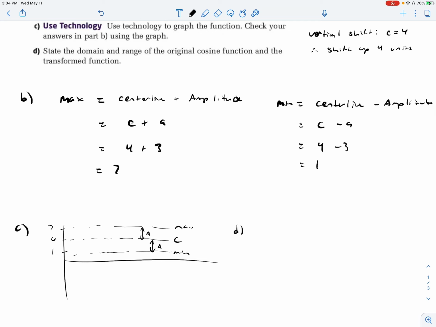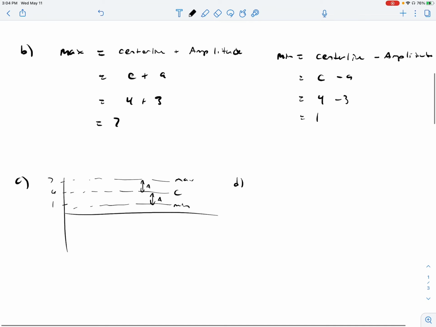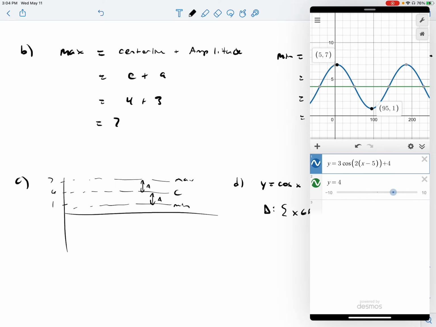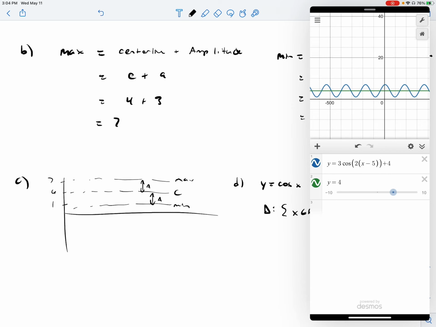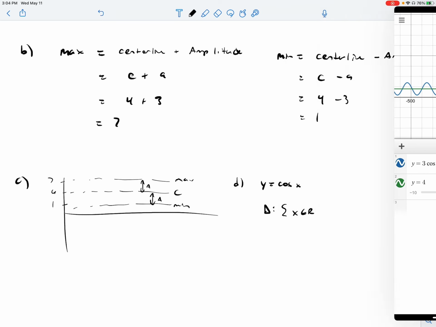Okay, part D: state the domain and range of the original cosine function and the transformed function. So for y equals cos x, the domain, we can say x is an element of R. There are no restrictions. Even looking at a cosine graph, there are no restrictions for x.